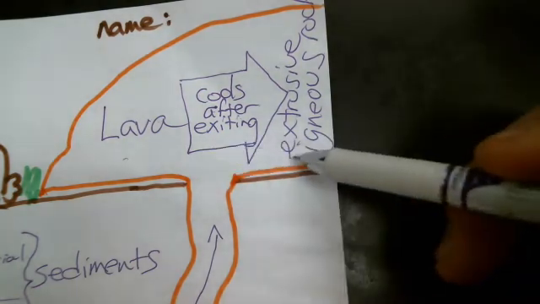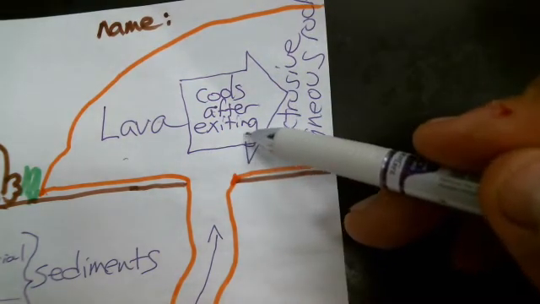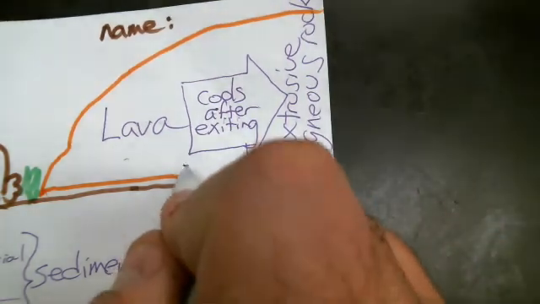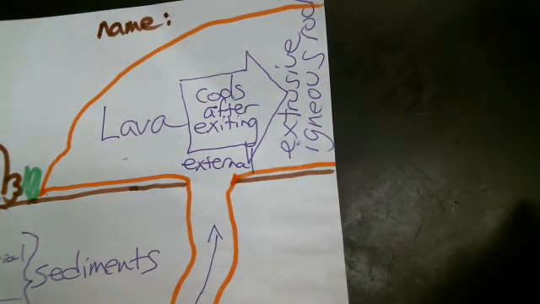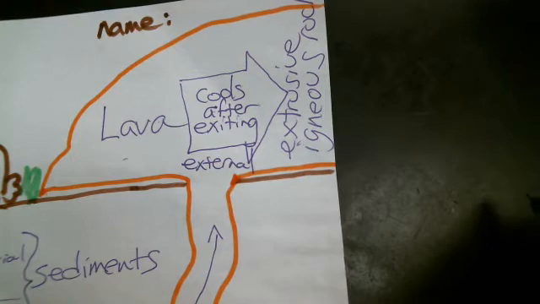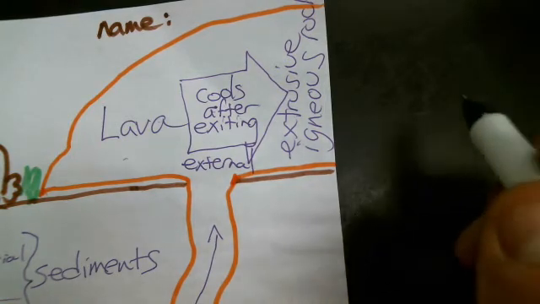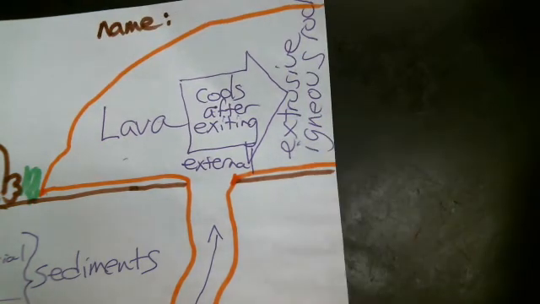Extrusive can be remembered by the fact that the lava has exited the ground, or you could remember that it's on the outside, or external to the earth. Outside the earth, external to the earth, extrusive igneous rock. The lava is exiting to hit the air, all that X stuff to help you remember extrusive igneous rock.